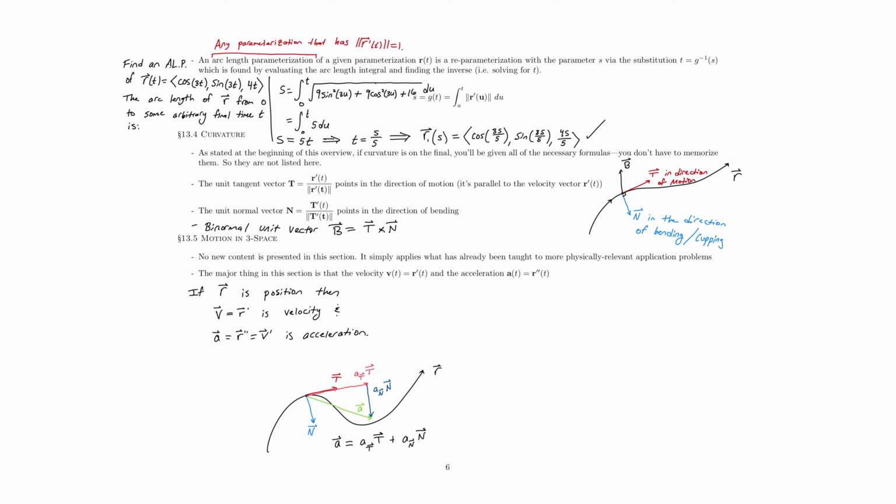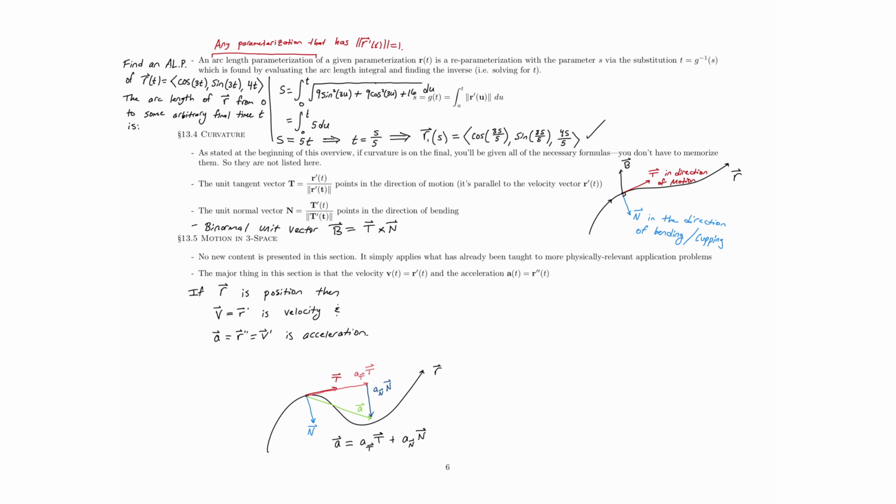So the way we can figure this out very easily is the easiest one to figure out is a sub t. For a sub t, we can just project the vector A onto the unit tangent. So remember that projection formula.